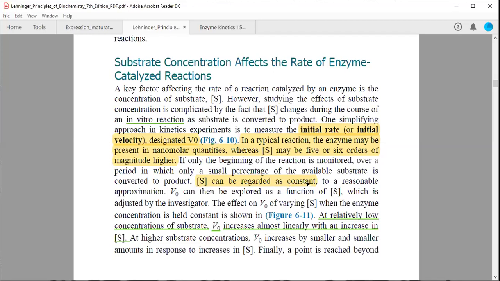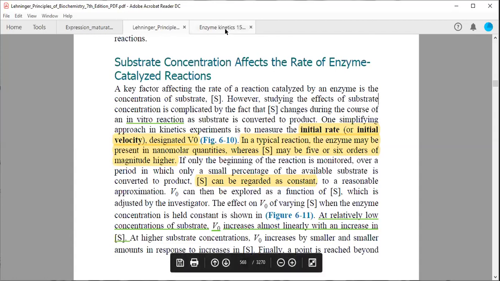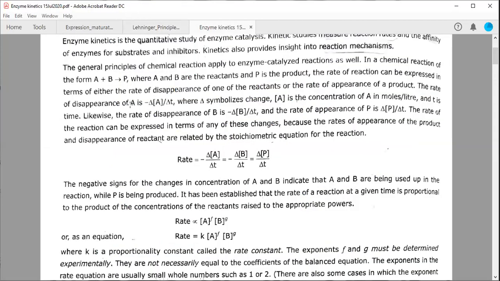It means that because the substrate was present in higher concentration compared to the enzyme itself, with time it is assumed that there is no change in the concentration of substrate because it is almost constant, meaning very little substrate or reactant is consumed in the reaction to be converted into the product in a small time. So now we are moving back to this.